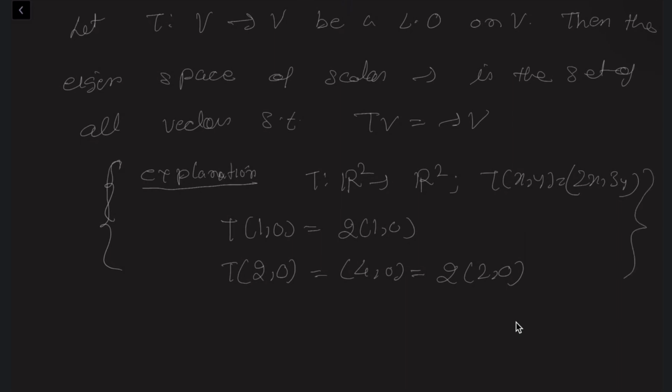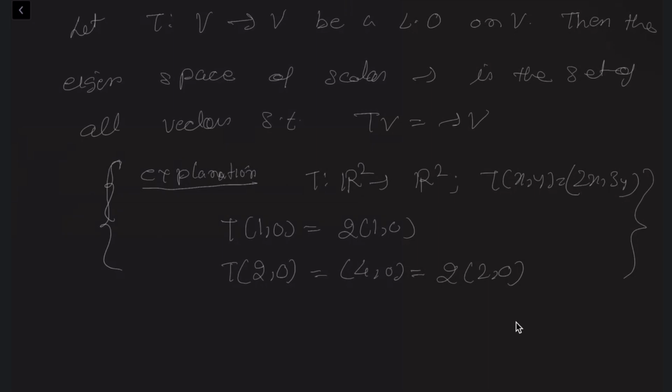It means that the eigenvector corresponding to an eigenvalue is not unique. What we are doing here is taking all possible eigenvectors corresponding to the eigenvalue lambda and clubbing them to form a set, and that set is called the eigenspace.